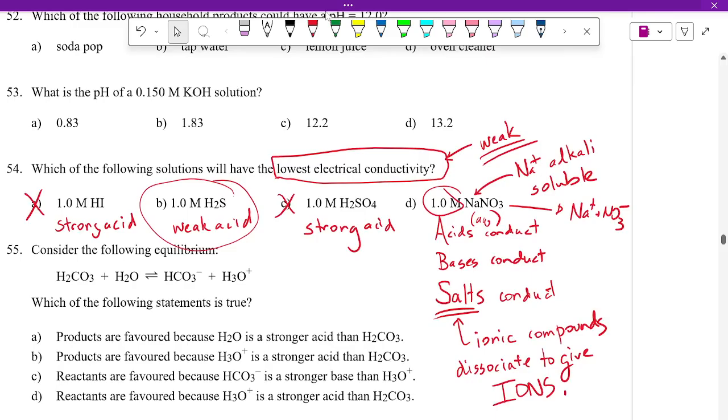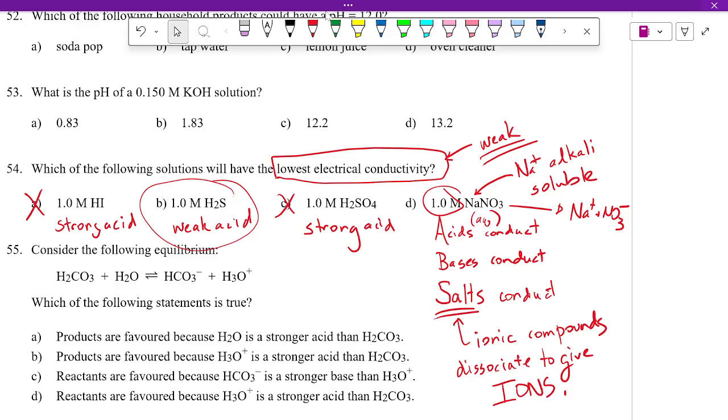Strong acid dissociates completely. Soluble salt dissociates completely. So they would all have the same ion concentrations. So there's 2 answers for 54.